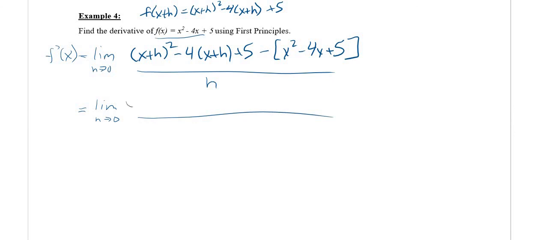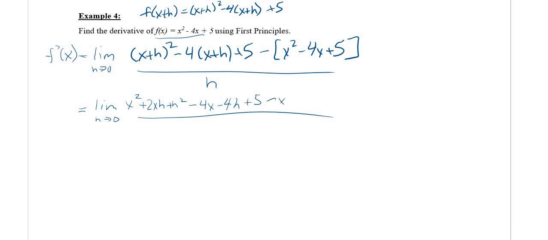That can be rewritten as x squared plus 2xh plus h squared. Next we have minus 4 times (x plus h), which is minus 4x minus 4h plus 5. And then we're just going to take that last bracket and we're going to flip the signs because we have a minus in front of it.